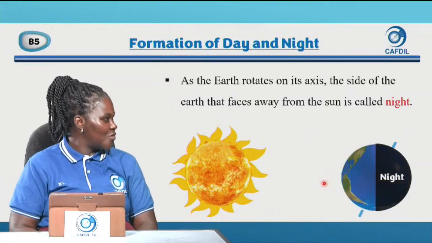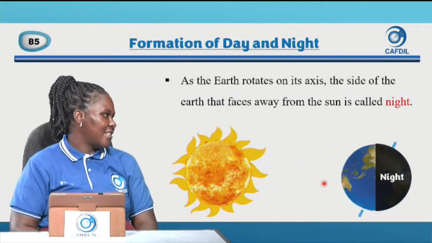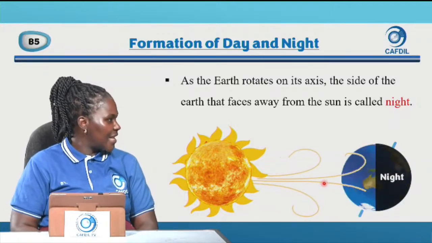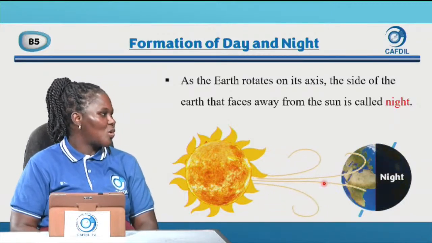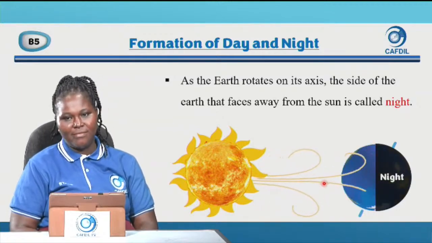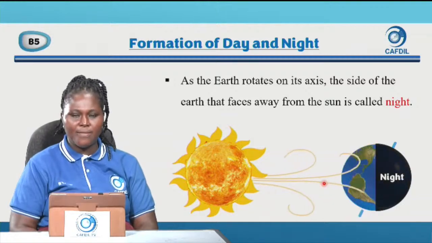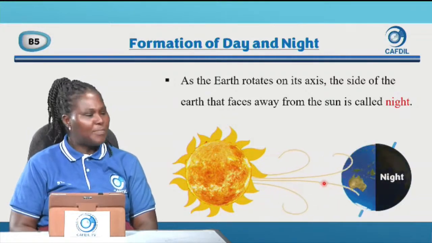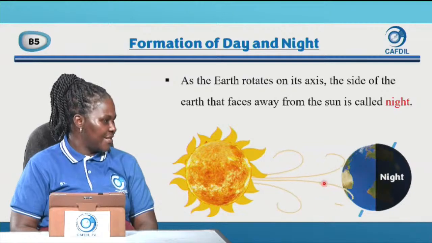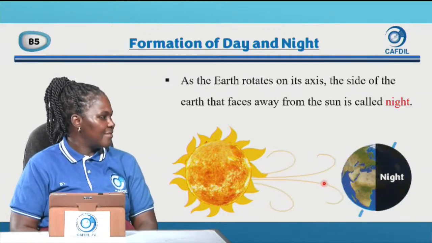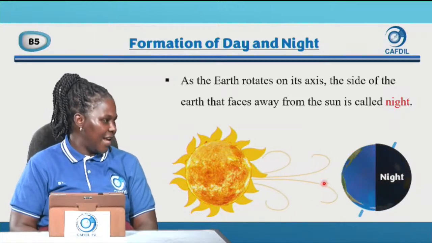As the earth rotates on its axis, the side of the earth that faces away from the sun is called the night. The countries at the dark place experience the night.